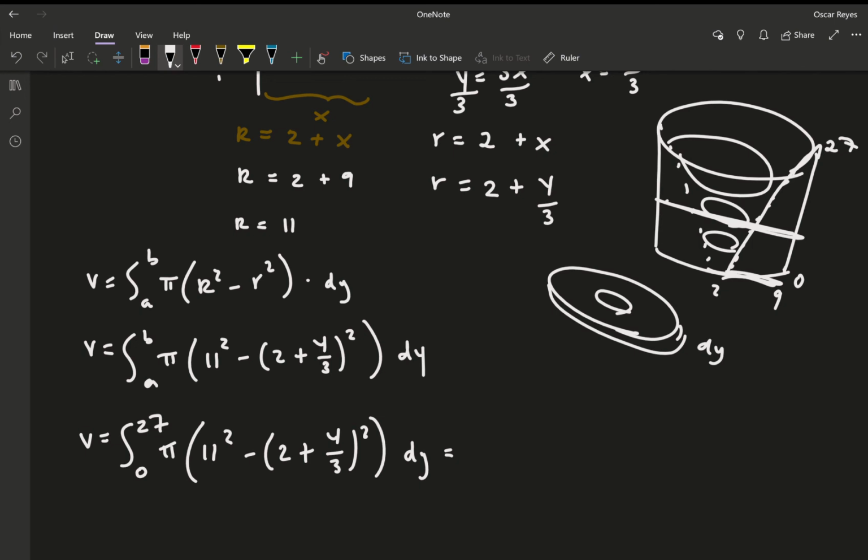That should give us... oh, I forgot to include the pi. Don't forget to include the pi. That'll give you a totally different number, and it will mark it wrong every single time.